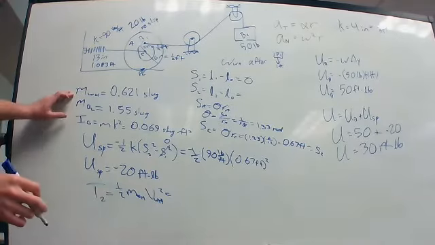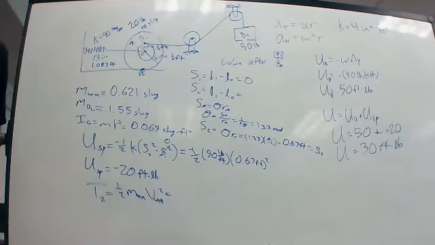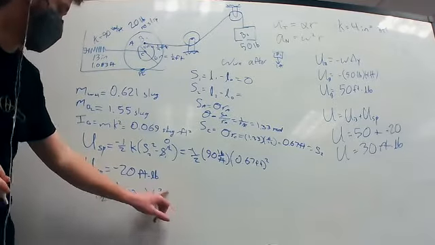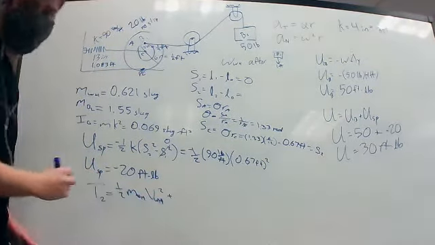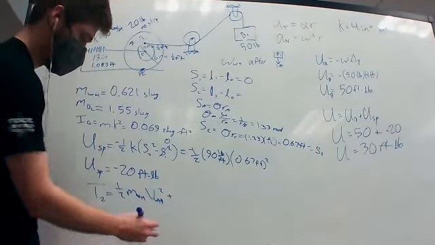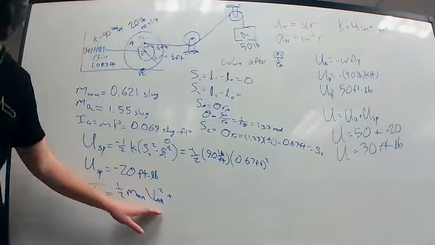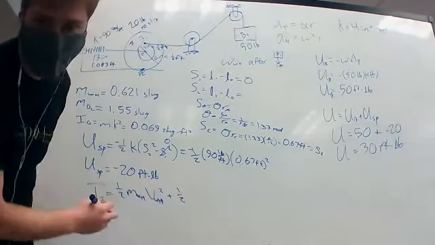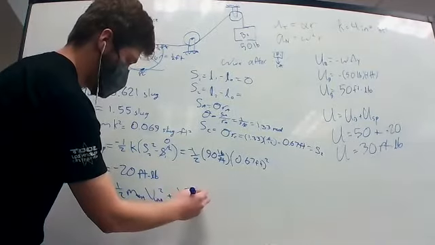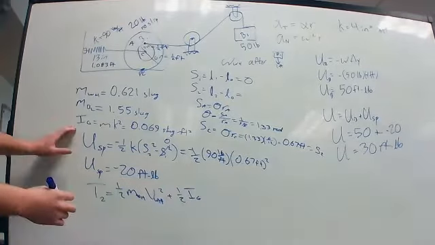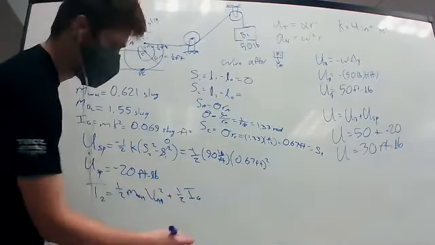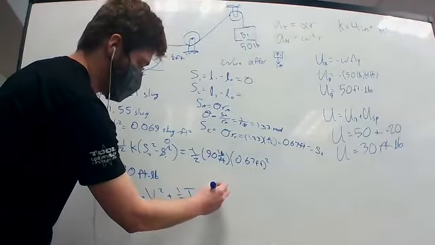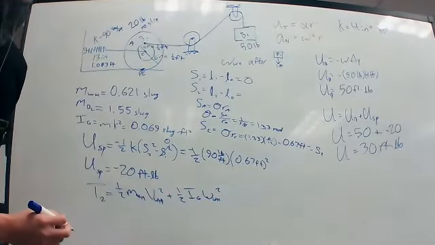Mass of the wheel we found here, velocity of the wheel currently unknown. Isn't there also angular velocity we have to deal with since it's turning? Yes, I meant to write a plus sign here. Sorry. So we're going to have plus 1/2 IG, which we found here, times the angular velocity of the wheel squared, which is what we're looking for.